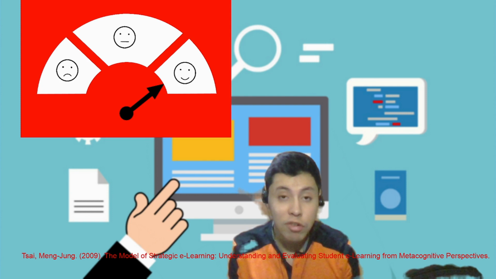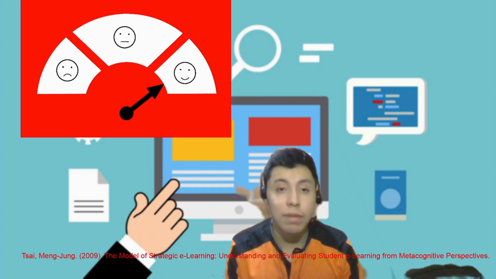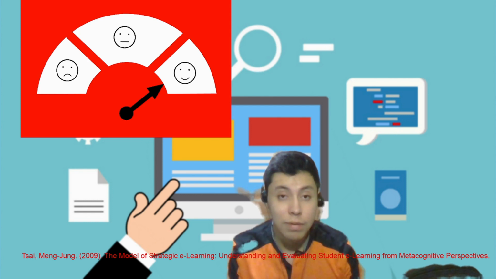The author mentions that the learning strategy of the students influences the performance of their online learning. Students face a series of challenges that are not present in traditional face-to-face learning.